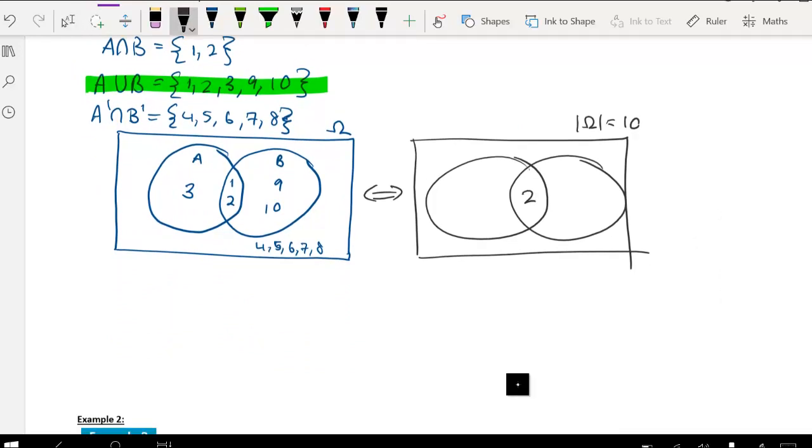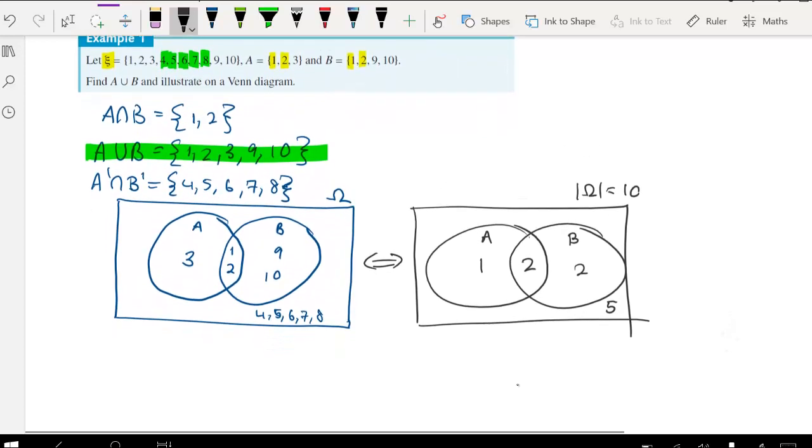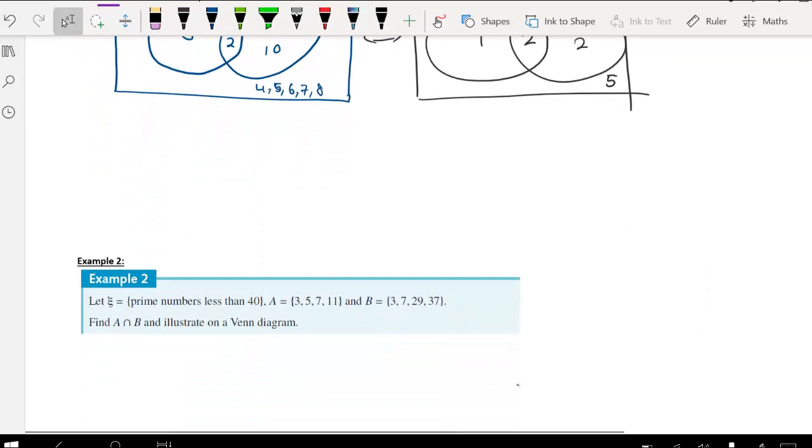There's 2 that are the intersection between A and B, 1 that is A but not B, 2 that are B but not A, and therefore the union of A and B will have 5 values, which means that there's 5 values remaining as part of the universal set, but not parts of the subset A or B. Okay, so that concludes the first example. We'll now move down and look at a second example.